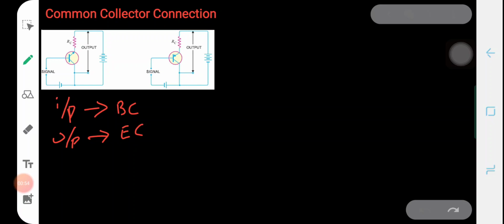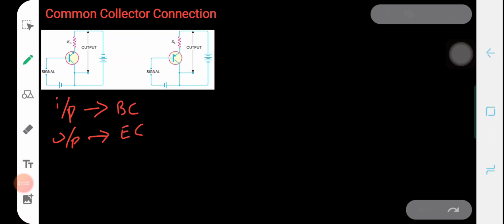Here the collector is made common to both input and output, and remember that if the collector is made common, then the base is the input terminal and the emitter is the output terminal. So the input current will be the base current and the output current will be the emitter current, and the input voltage is the base collector voltage and the output voltage is the emitter collector voltage.